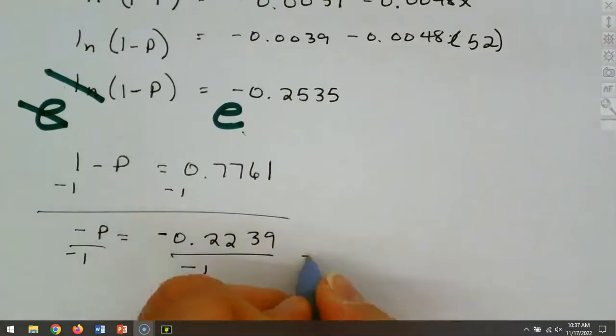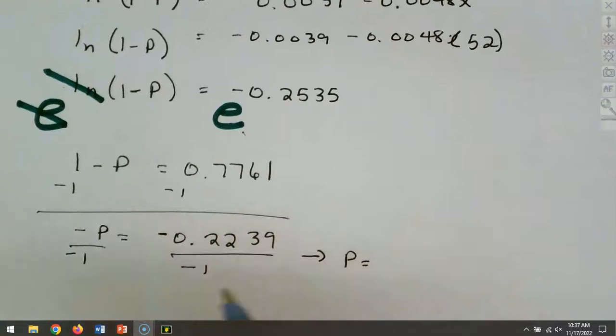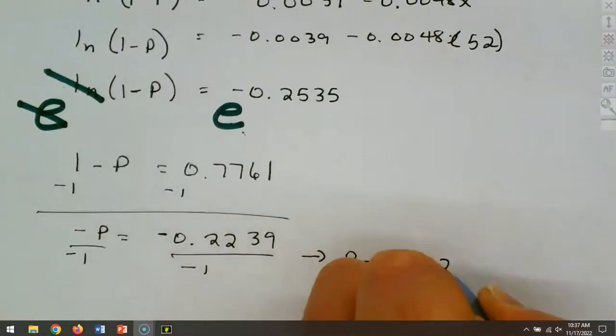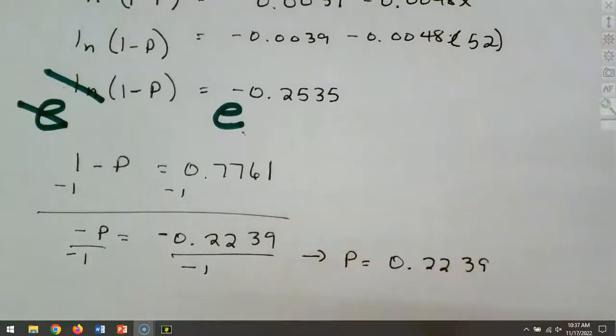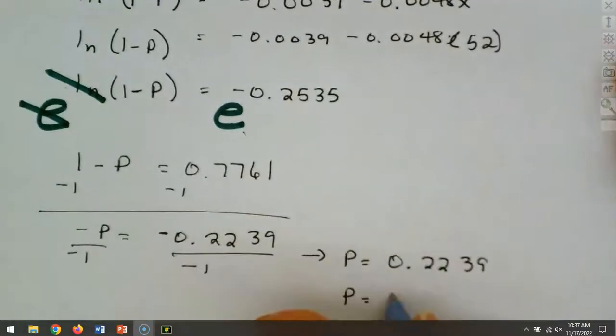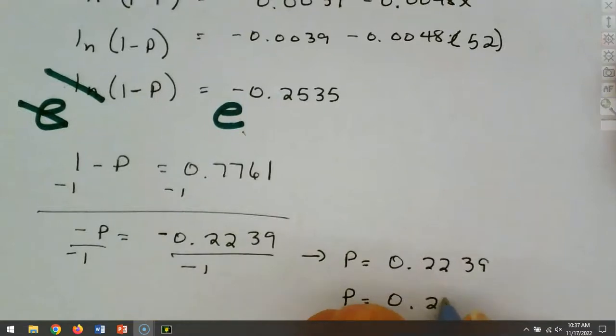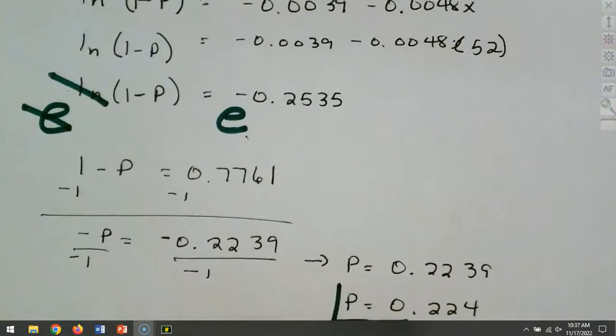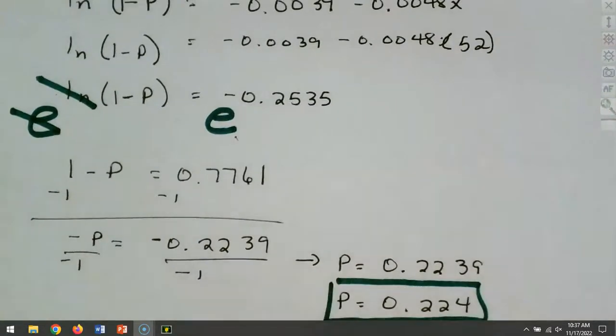What is the value of p? P is going to be 0.2239. How far do they want you to round? Round it to 3 decimal places. Rounding to 3 decimal places, that's going to be 0.224. That is our answer.